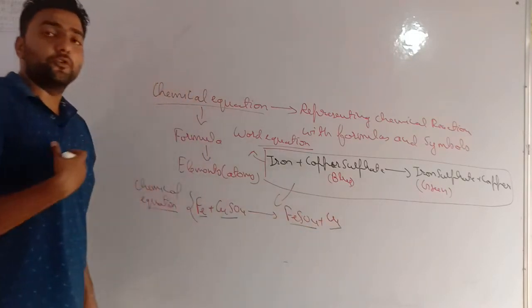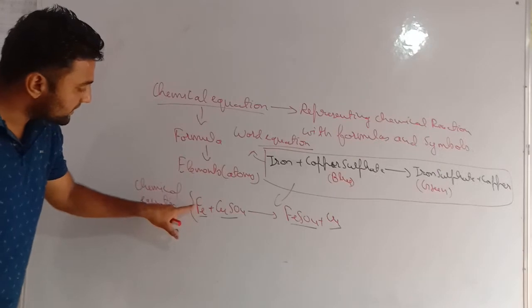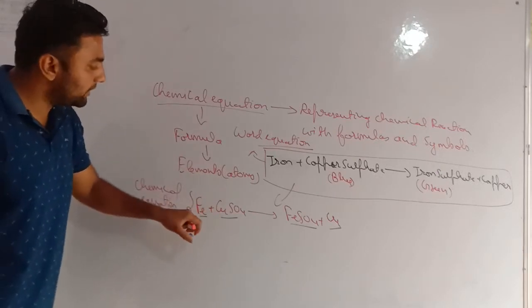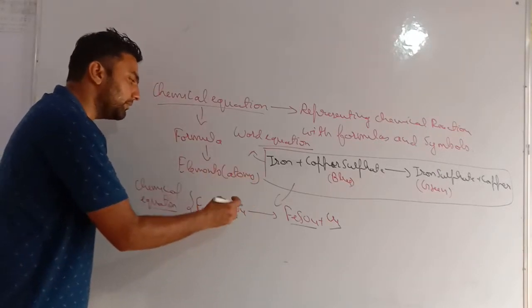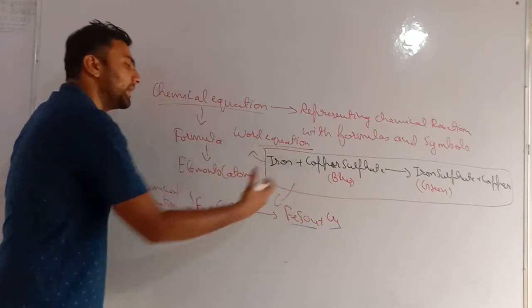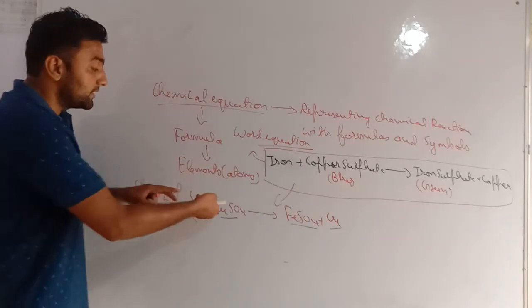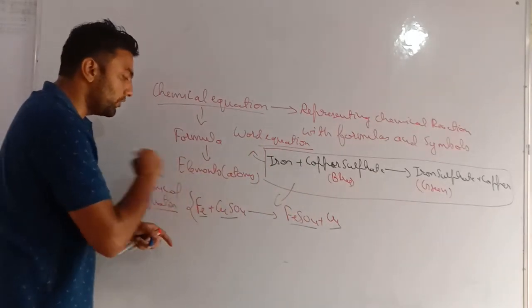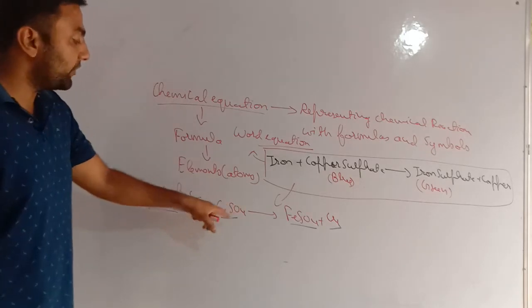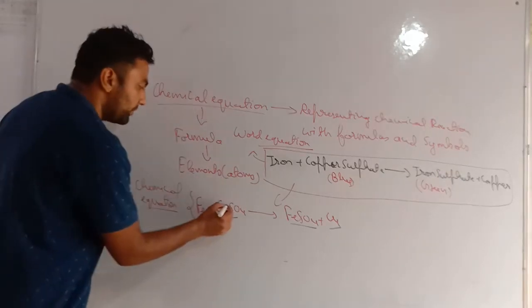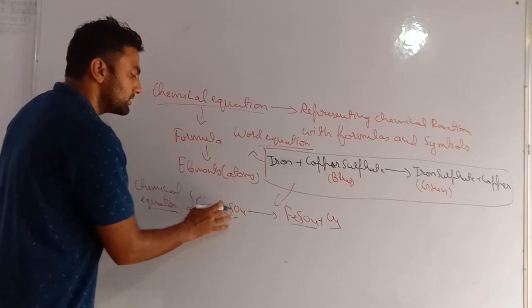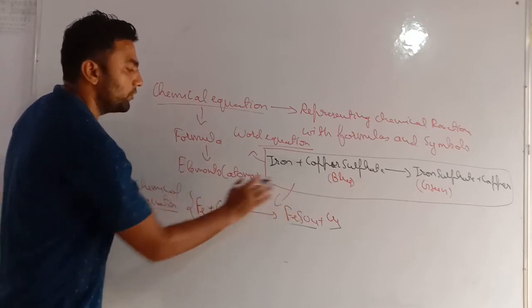It is very helpful to me. Why? Because I will get to know which element, which atom, how many atoms are taking part, and what material I am getting. I get to know that there is a breakdown of bonds. I can see the copper and sulfate bond is broken down. This copper has broken its bond with sulfate and iron has made new bonds.